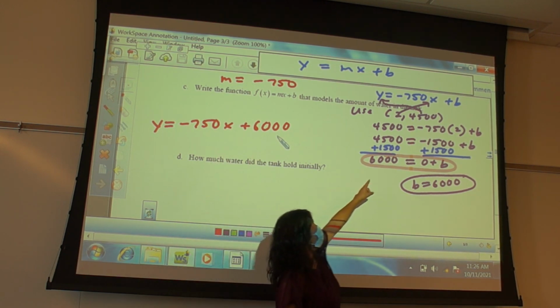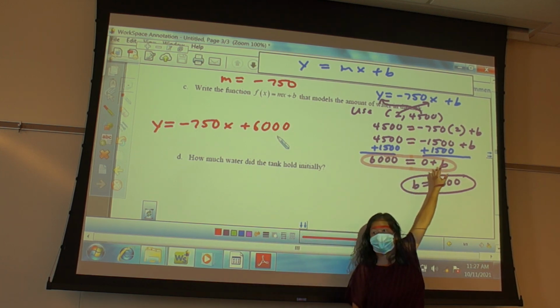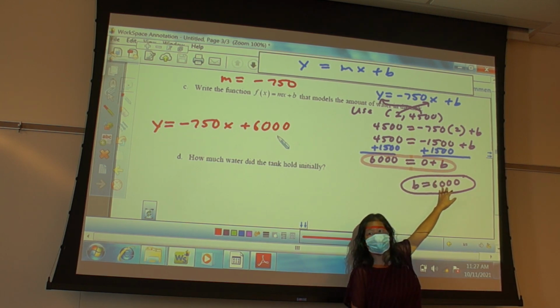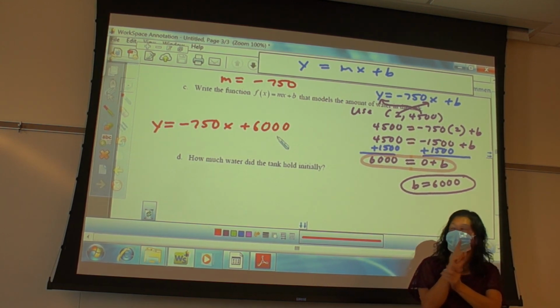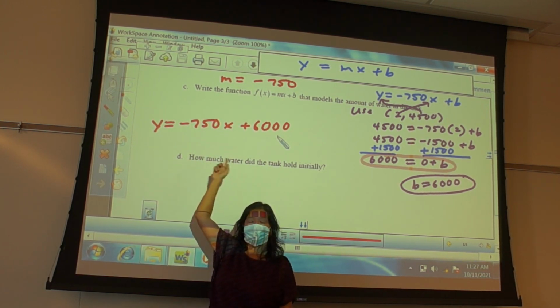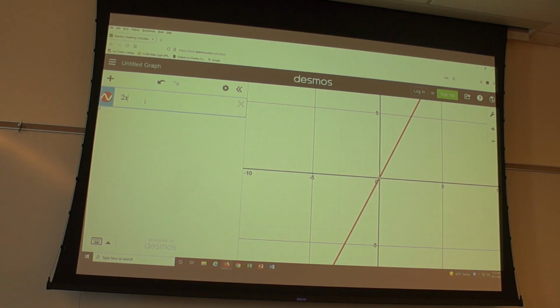We're just taking one point to figure out what b is, so that is just the equation of one point. This equation is for all points, all x's and y's, as x and y change. So I'll show you what I mean. y equals negative 750x plus 6,000. Oops, let me make it bigger.